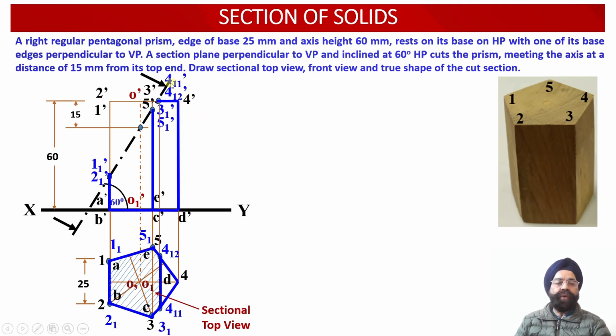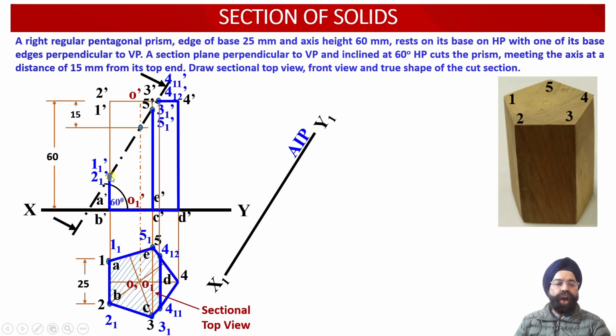Now we are also required to evaluate the true shape of this cut section. We know that there are 6 points of intersection available along this cutting plane over here. In order to obtain the true shape of this cut section, we need to draw an auxiliary inclined plane x1 y1, which should be parallel to this cutting plane, or parallel to this cut section.